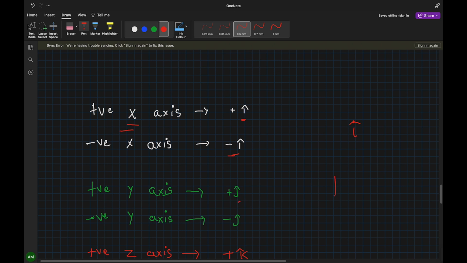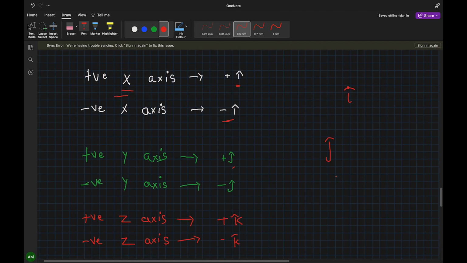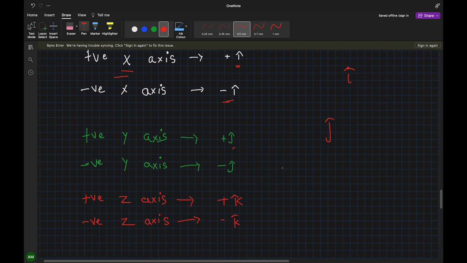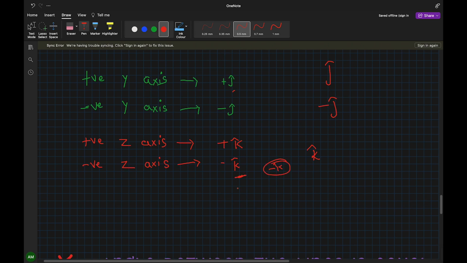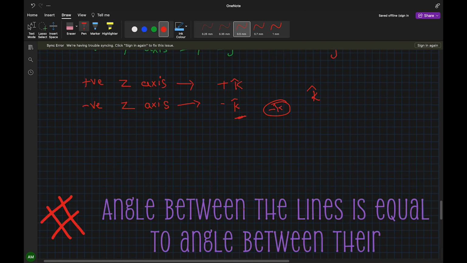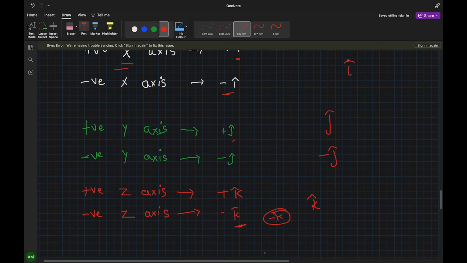Instead of the dot, we'll put this symbol. And negative y-axis, you'll write minus j cap. Now positive z-axis, you will write k cap, and negative z-axis is minus k cap. Clear? This should be clear because you will use this in almost every single chapter of physics.